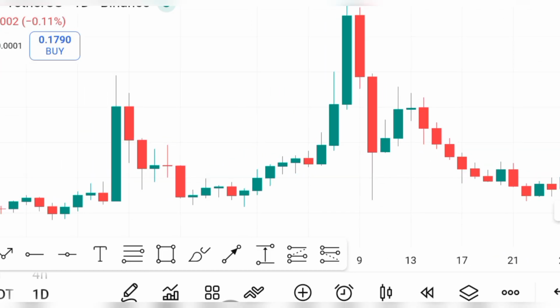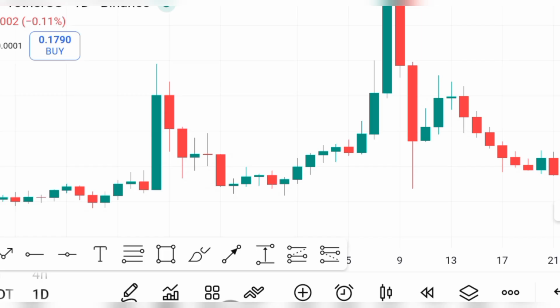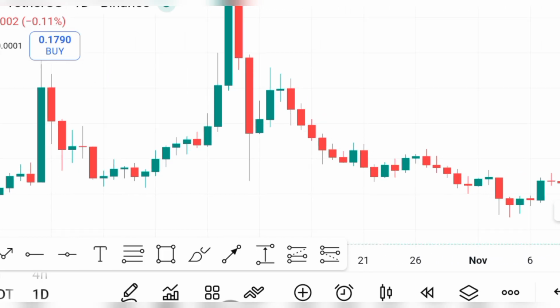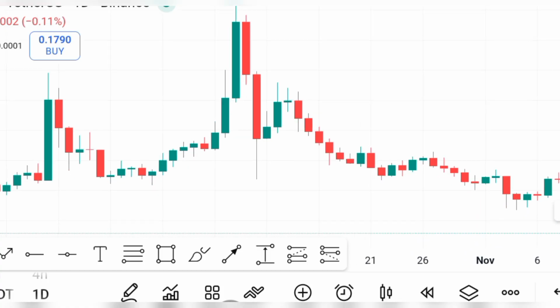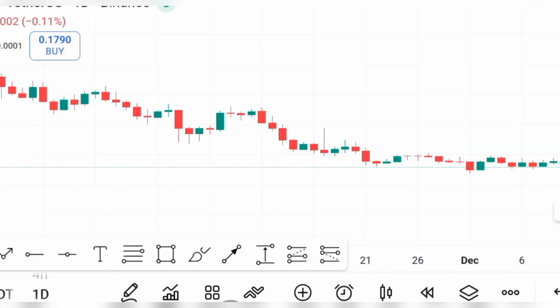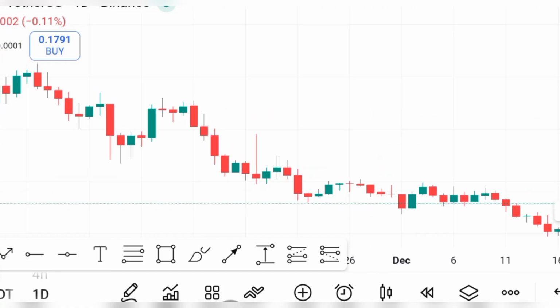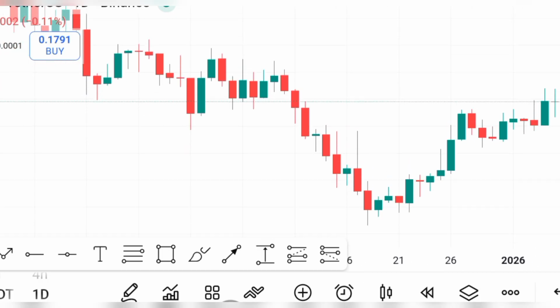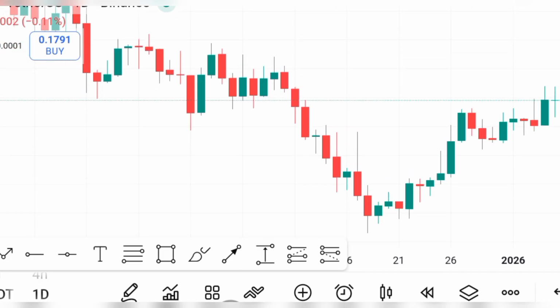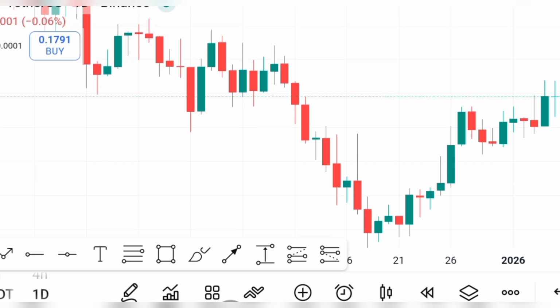So now this is your daily chart. We always have to trade in the direction of the market. You know that I've been teaching that very many times. Here you can see this is your market. The first thing that you have to look at on a higher time frame is the current market structure.